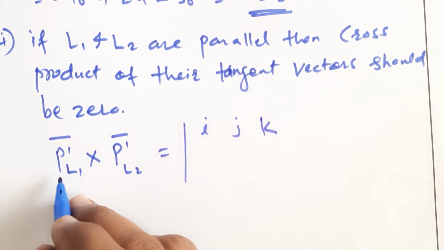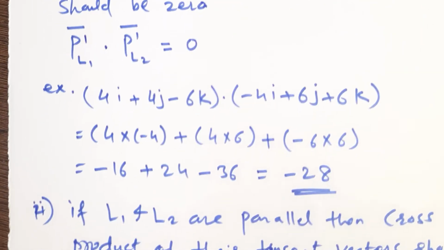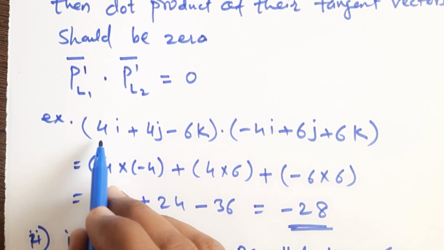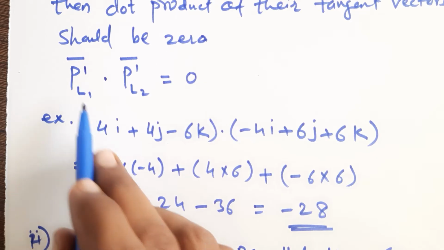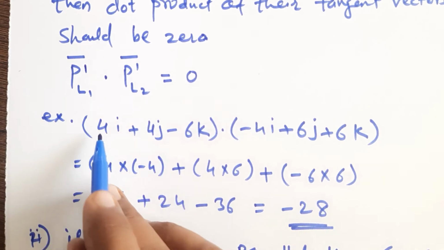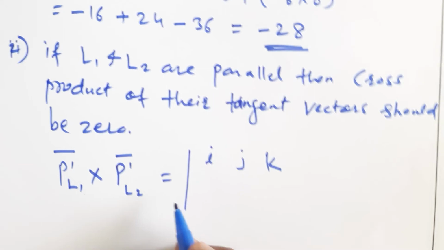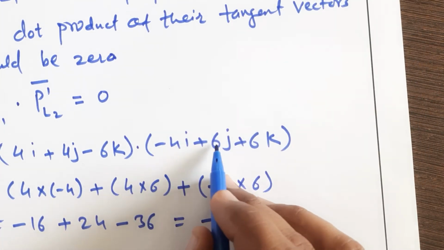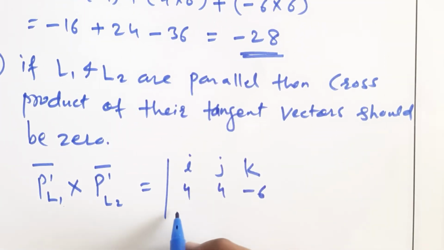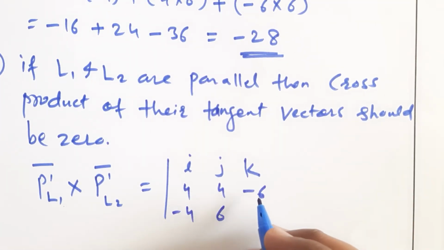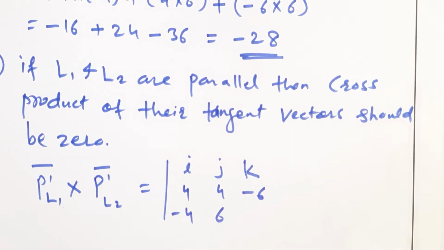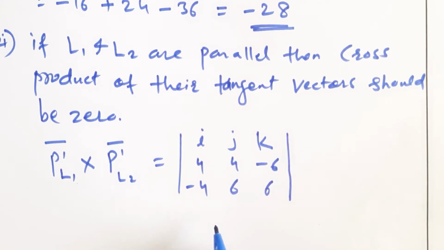Using the same example, PL1 dash bar is 4i, 4j, minus 6k, so we write 4, 4, minus 6, and the second is minus 4, 6, 6.